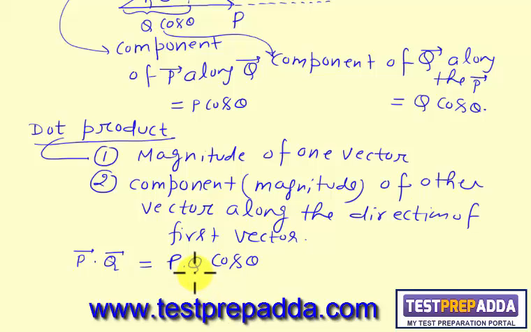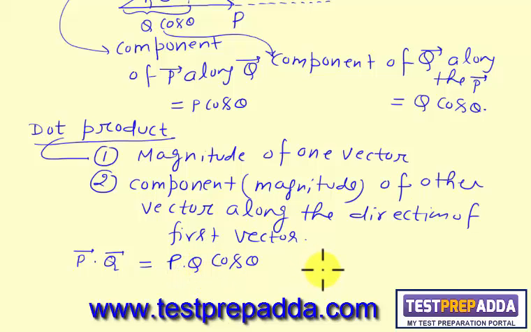So if I take Q cos theta, it is the component of vector Q along vector P, into the magnitude of vector P. Or I can take the magnitude of vector Q and P cos theta as the component of P along Q, right?